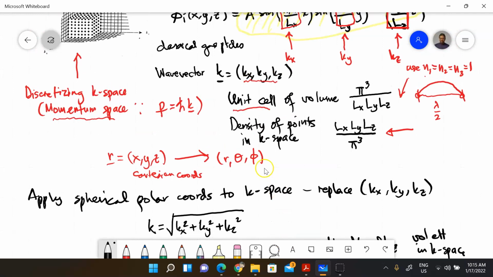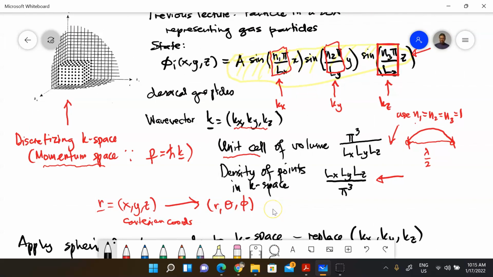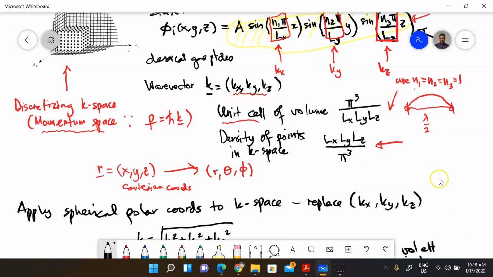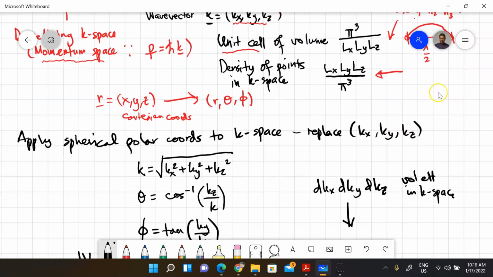Over here, they are labeled by this kx, ky, kz. So in other words, the one that we are supposed to be interested in is not just simply your K space, but essentially the states.